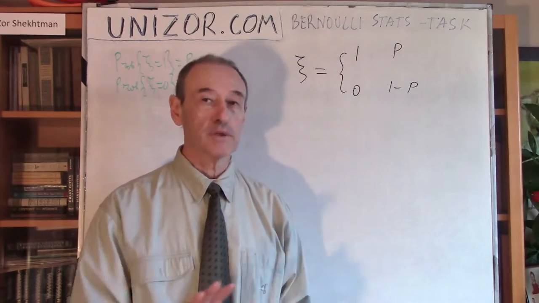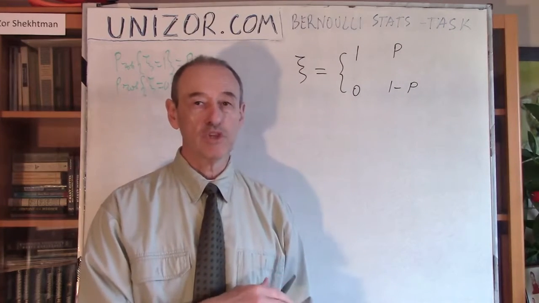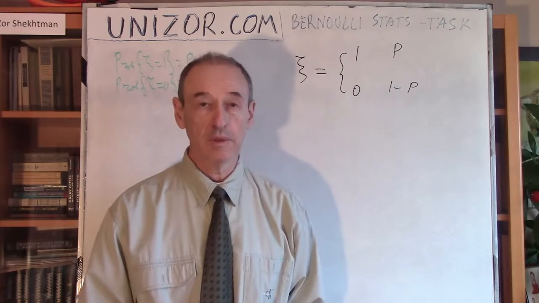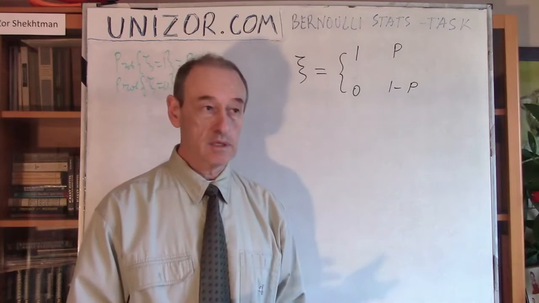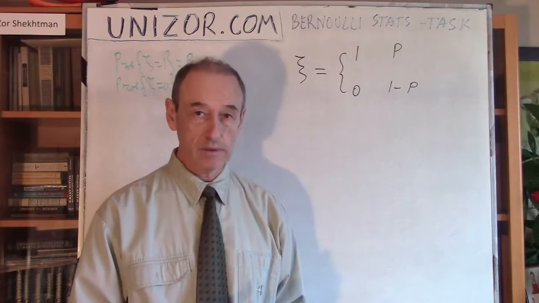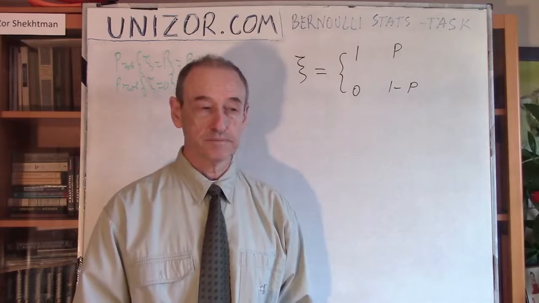There are many different approaches to define the probability, and the one which I have chosen, which I believe is the most intuitively understandable, is that the probability of a certain event is a limit of the frequency of occurrence of this event as we continue experimentation to infinity.